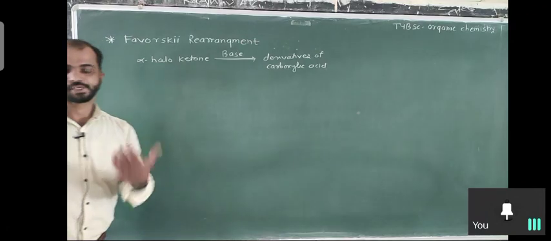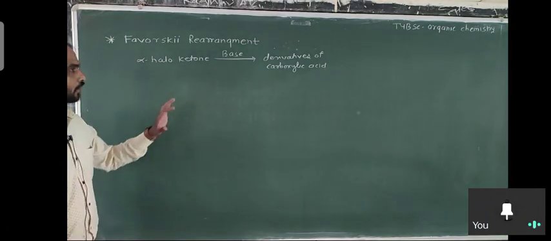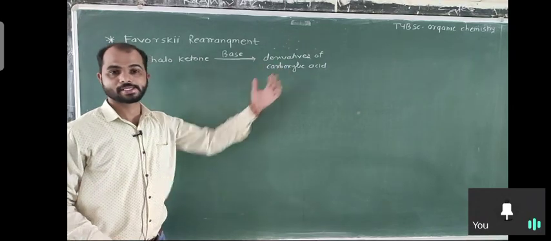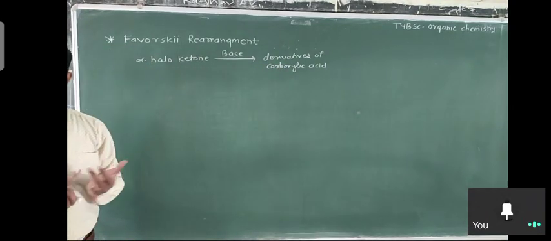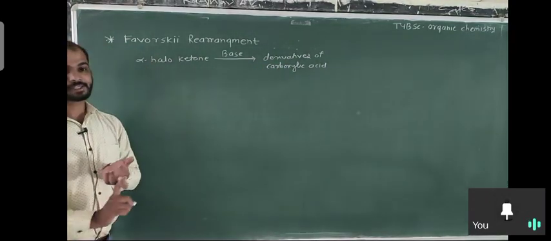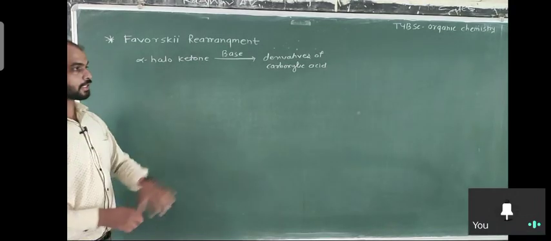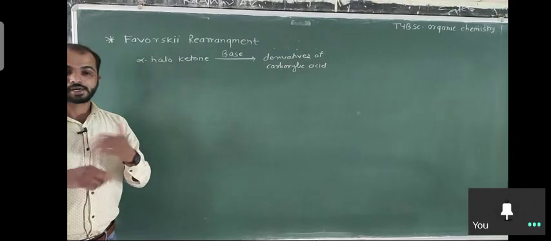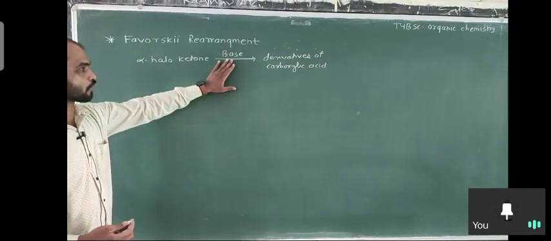Which kind of base is used will decide the product. Derivatives of carboxylic acid means carboxylic acid, esters or amides. They are formed when an alpha haloketone undergoes rearrangement in presence of base.